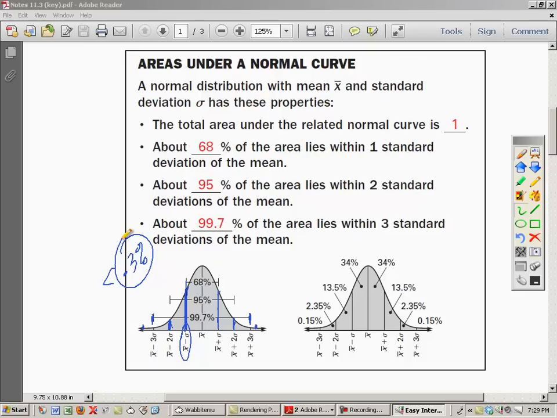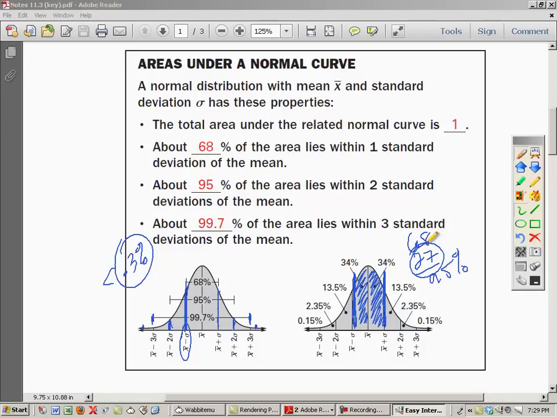Okay? All right. Now, if we want to break that down further, if I take my 68% and I split it in half, 34% of the data will be within 1 standard deviation below, and 34% of the data will be within 1 standard deviation above the mean. Now, the makeup there ends up being 27%, because 68% plus 27% gives me my 95%, right?